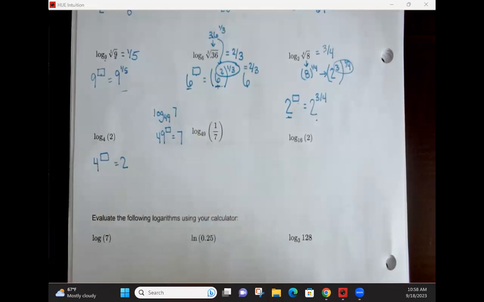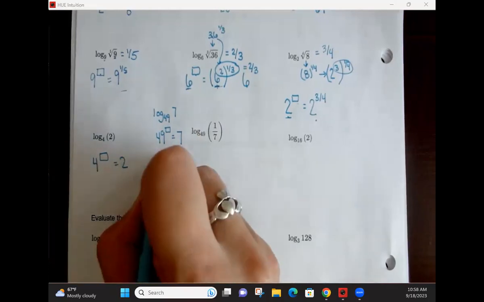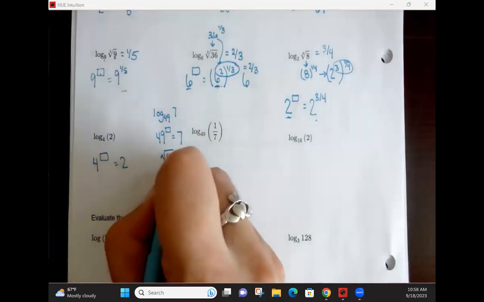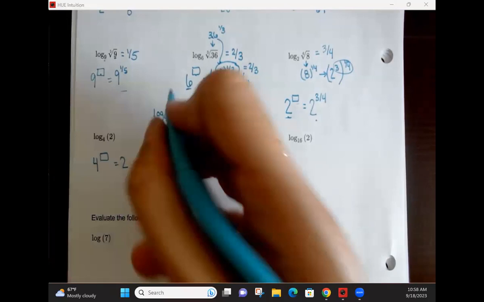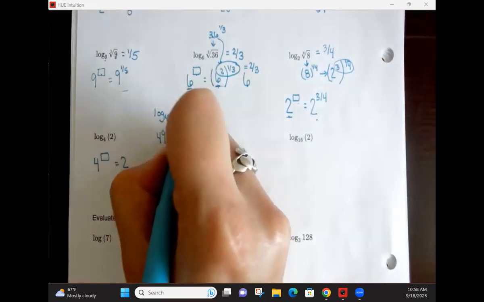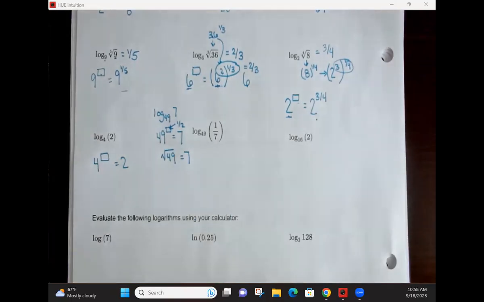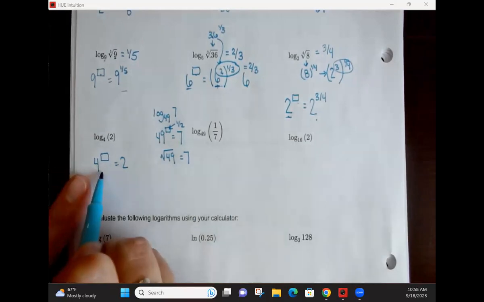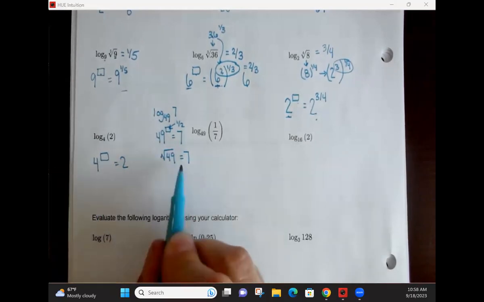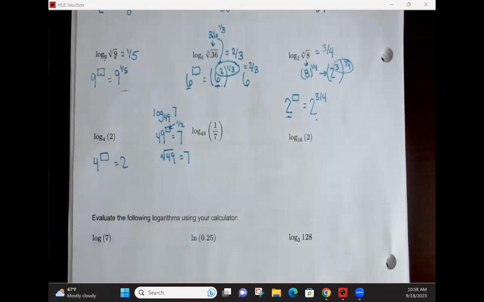Not quite. We want to do the square root, right? Which would be 1/2 as our exponent, the square root of 49, okay? The square root of 49 would give me 7. That's the same idea here, but I wanted to talk about it with something different because 1/2 of 4 is still 2. But I don't want to take 1/2 of 4.